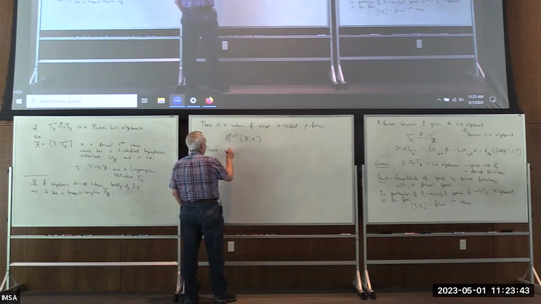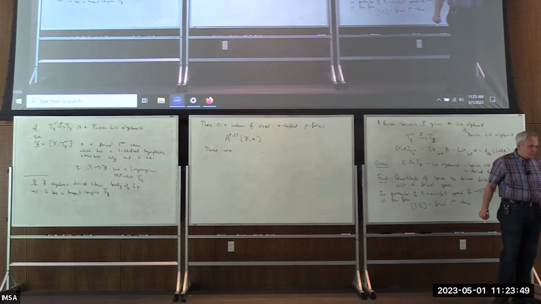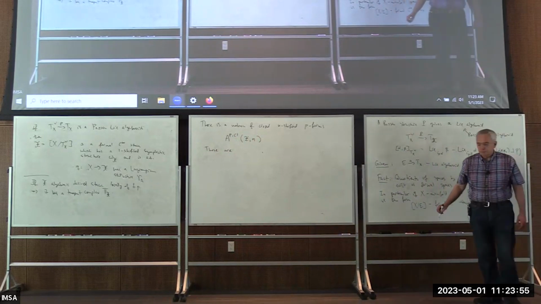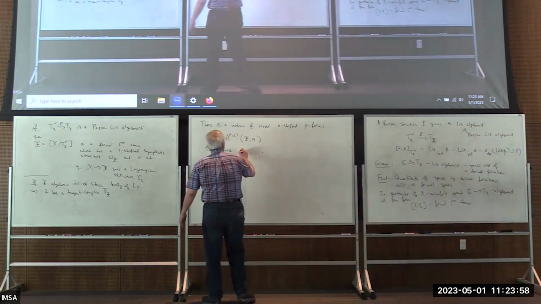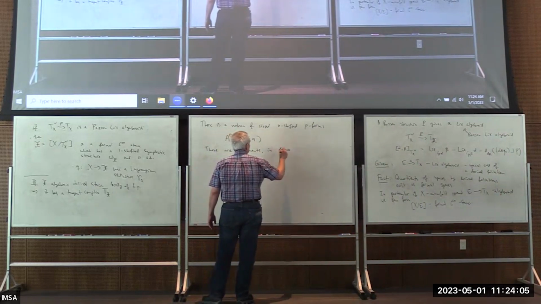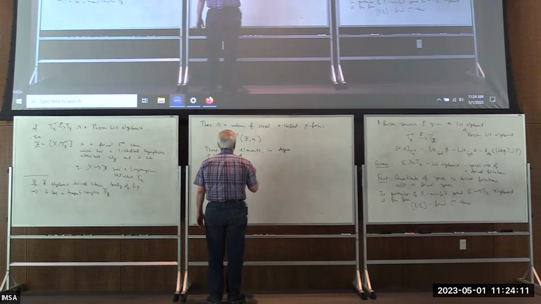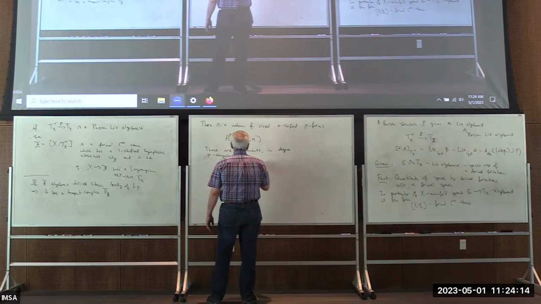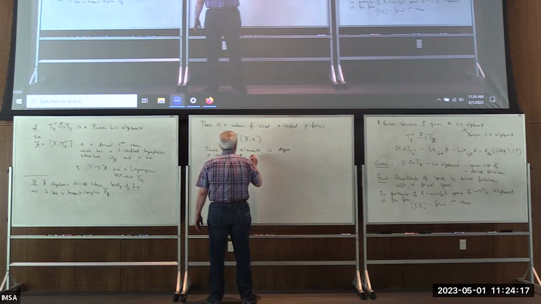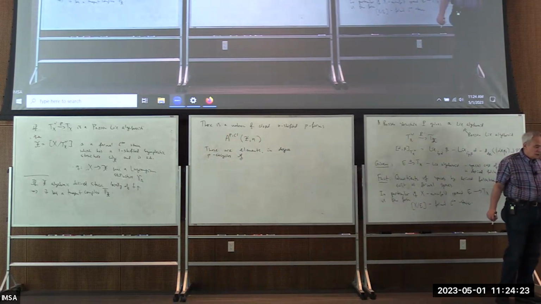So these are elements in degree n cocycles of the cotangent complex.